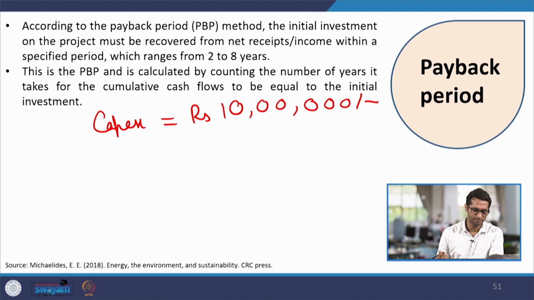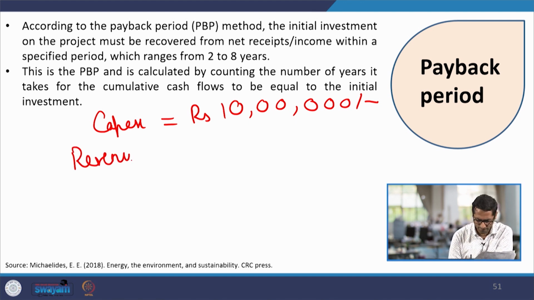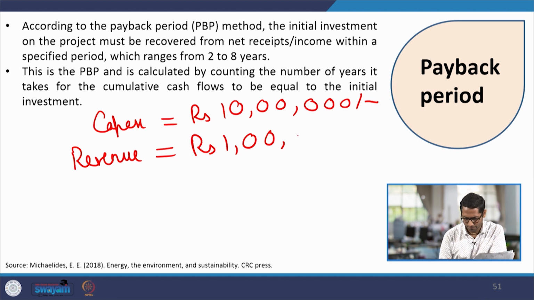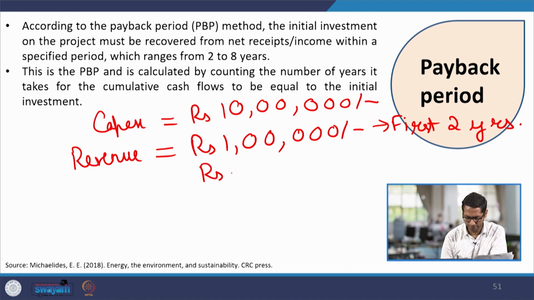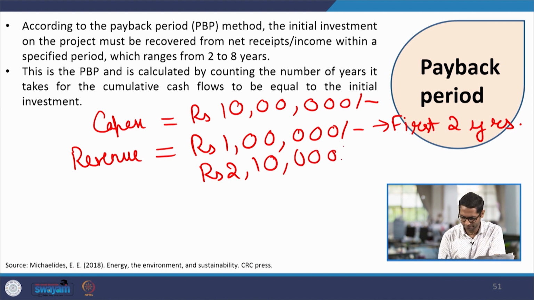That's my initial capex, and the revenue that I am generating, say I am just taking an arbitrary case, is 1 lakh rupees per year for maybe the first 2 years, and then the revenue increases to around 2 lakh 10,000 rupees maybe thereafter.